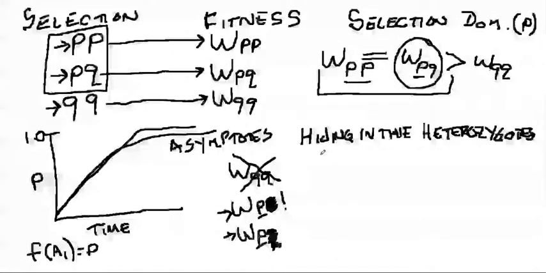That's to say that the worst allele, Q, hides in the heterozygotes, or the A1 allele. So when we think about what's going to happen over time, our allele frequency is going to increase over time. It's going to get closer and closer and closer to 1.0, but it's never going to reach 1.0.